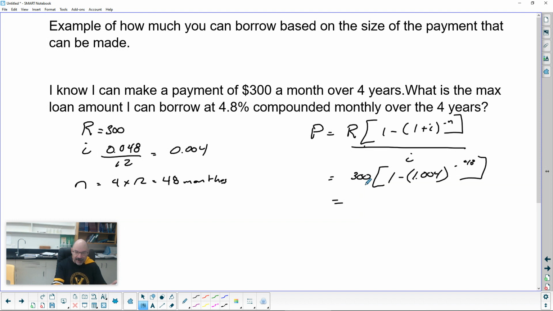Okay, and then divide by, I almost forgot to divide by the interest rate. So I ended up with 52.31 on the top, and I'm going to divide by 0.004.